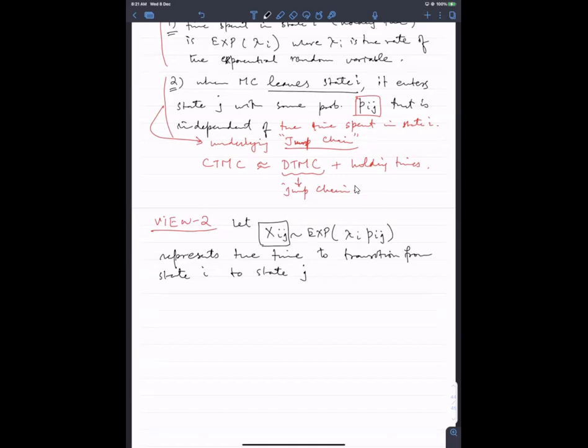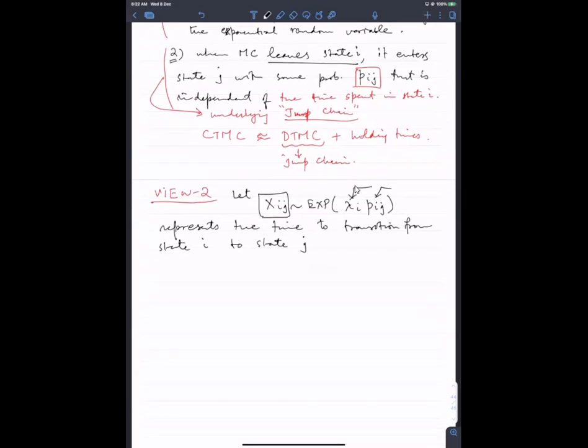And that is defined both by the rate, that is, how much holding time you have, and also the probability that you will actually go to state J and not some other state K. Okay? So we define Xij to be those exponential random variables which represent the time to transition from state I to a specific state J, where J is obviously not equal to I. You have to go somewhere else.